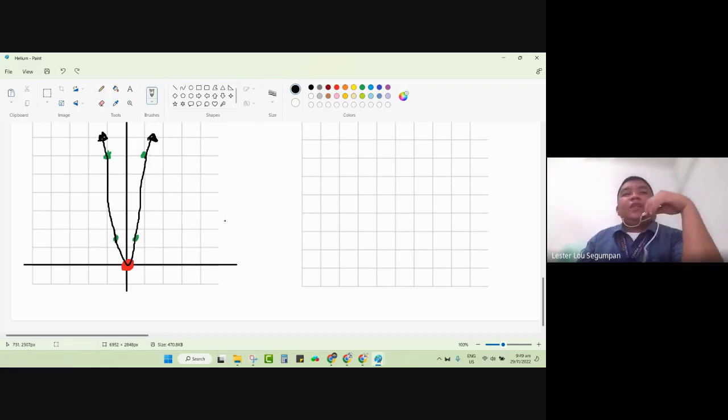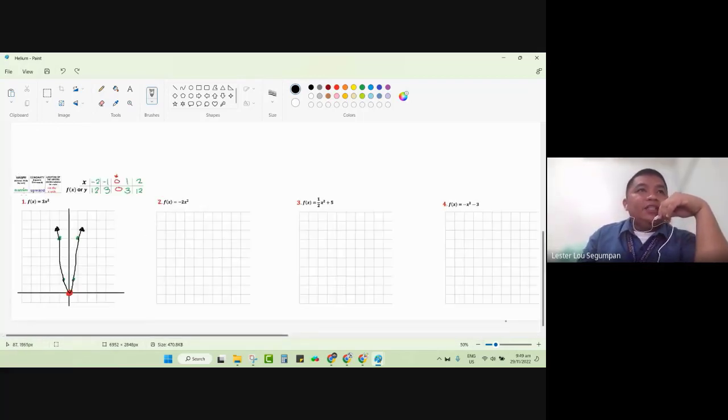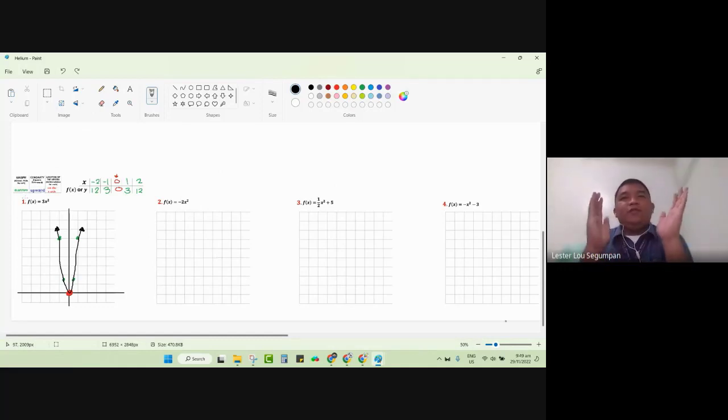Okay? So just for this representation, the shape is a narrower parabola. It's narrower than the normal one. If you are wondering what the normal one will look like, you could also look into that with x squared only, not the 3x squared.